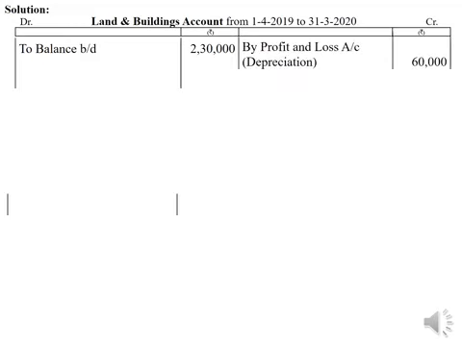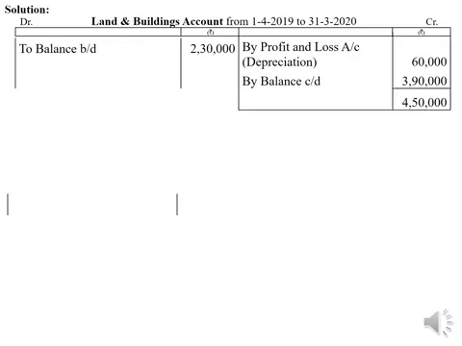Record it by crediting it as by profit and loss account under land and buildings account. The reason is depreciation, rupees 60,000. There are no other transactions relating to land and buildings account. Therefore, record the closing balance of land and buildings account on credit side. Balance carried down 3,90,000. Balance the account.